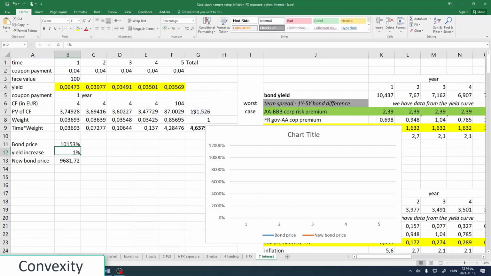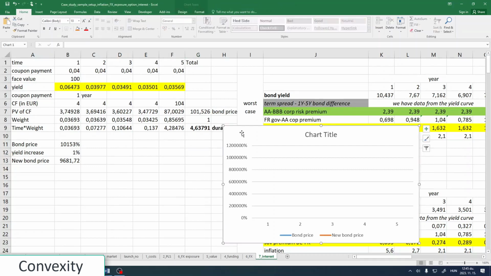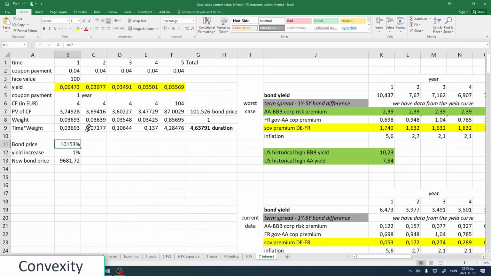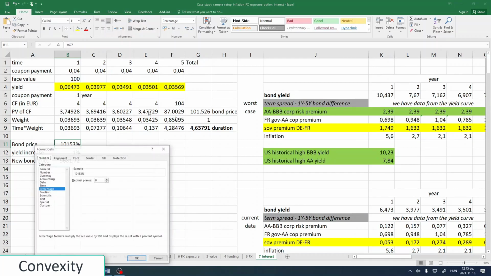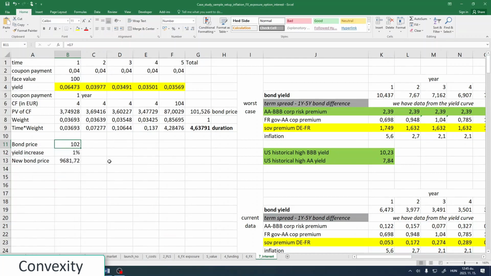And it's not a percentage anymore. Oh my. Format says number. Yeah.